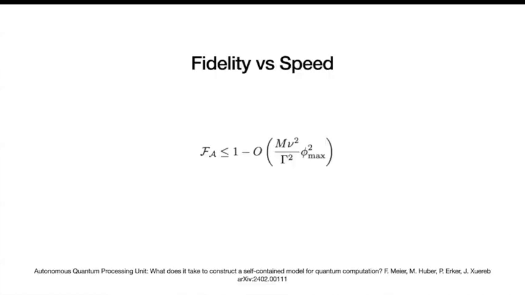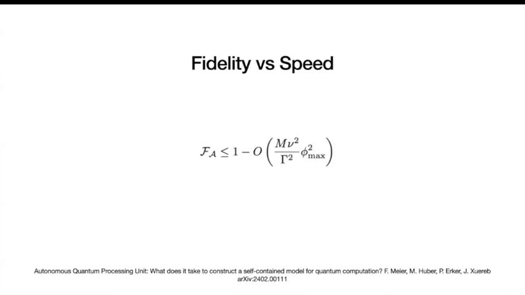I did not put a nice illustration because I'll maybe add it afterwards. But something that we see here is that we can derive limits for the speed of a computation in such an autonomous fashion. And F_A is here again the fidelity, so how near is my end state to the desired state? This is bounded by 1. And we see the thing that we have to subtract, where the big O notation just means of the order of, loosely speaking. M is the number of steps we want to do.